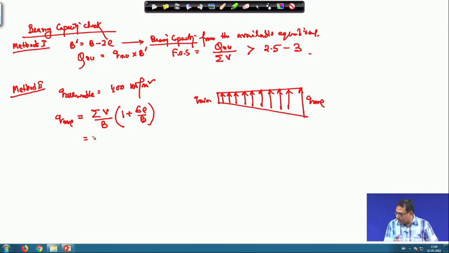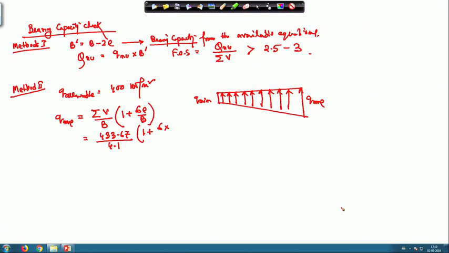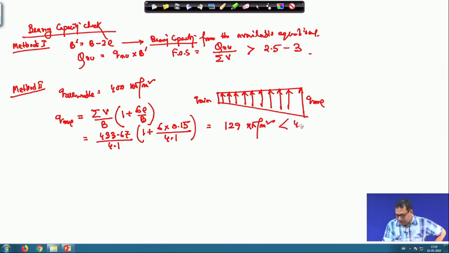The summation of all vertical forces is 433.67, B value is 4.1, and E value is 0.15. So this is 129 kilonewton per meter square.